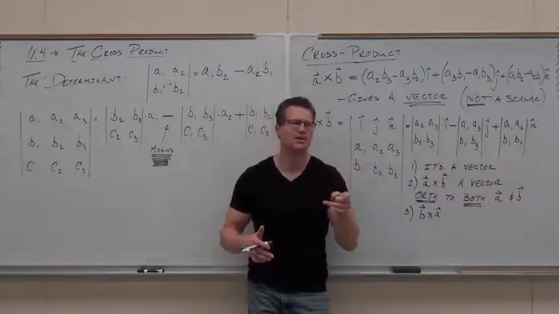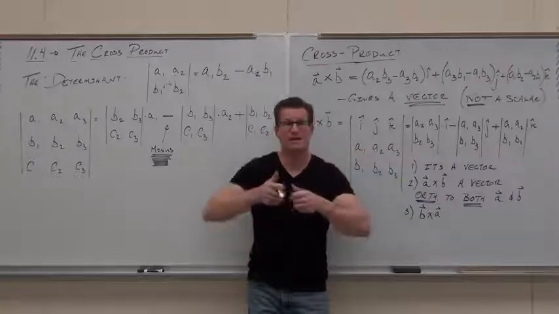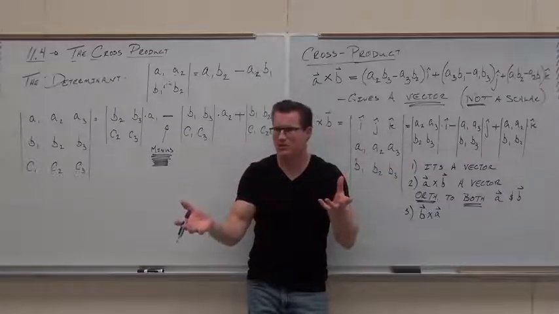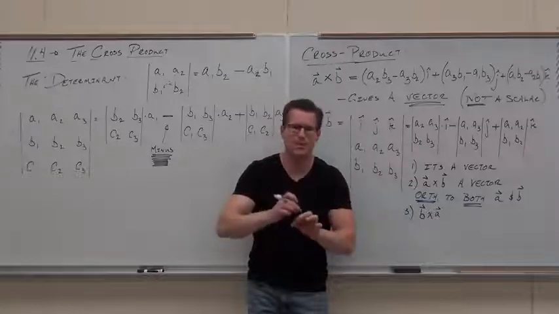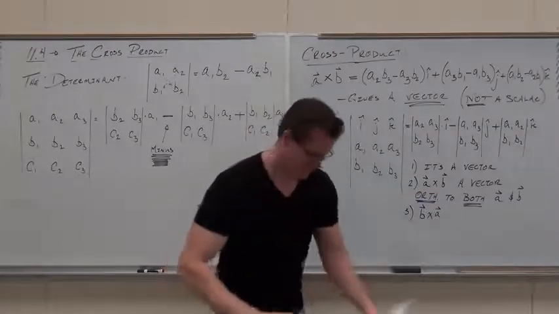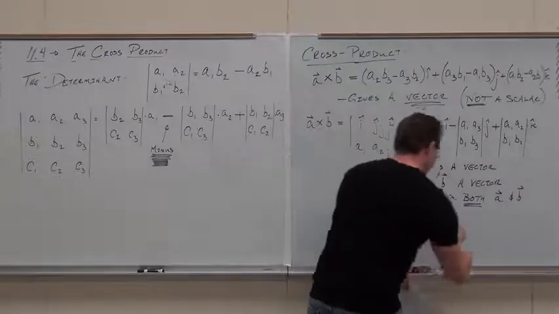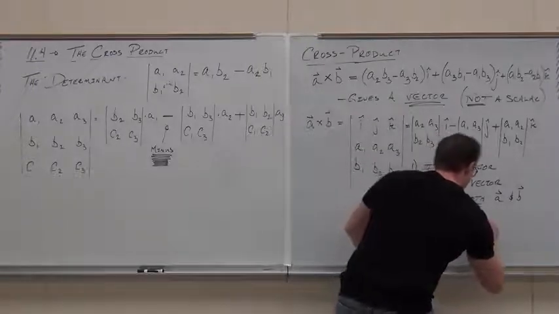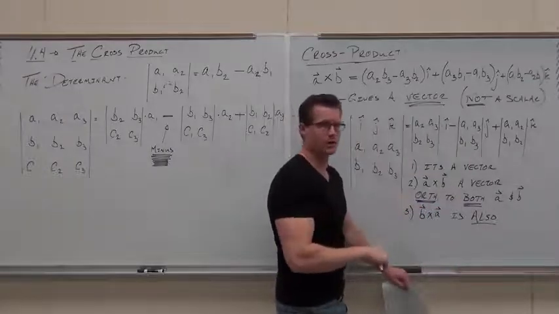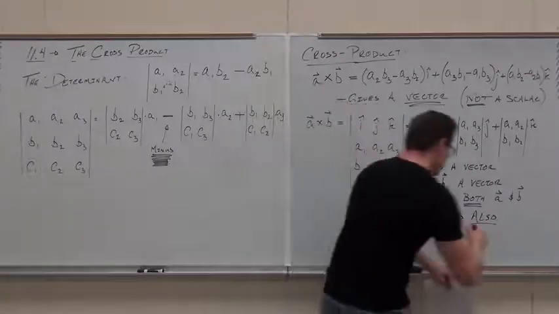No. So if I reverse the order, it's no longer positive k, it's just negative k. It still has to give you a vector orthogonal to both, but it's in the opposite direction. Does that make sense? That's kind of cool. This is also a vector orthogonal to both A and B.